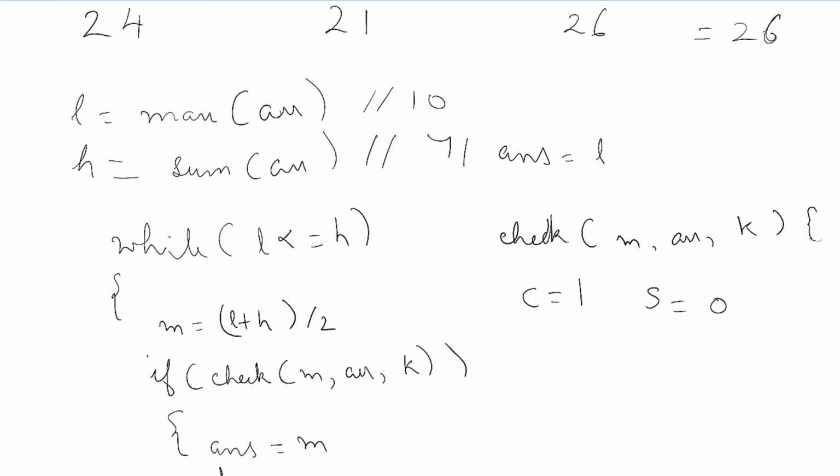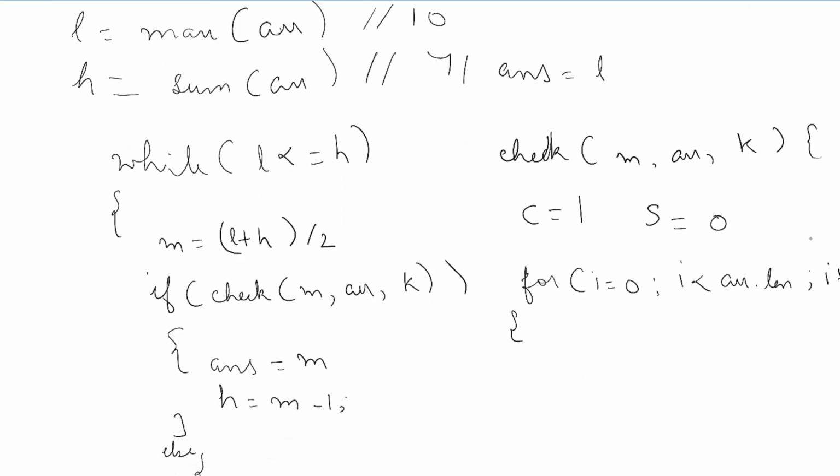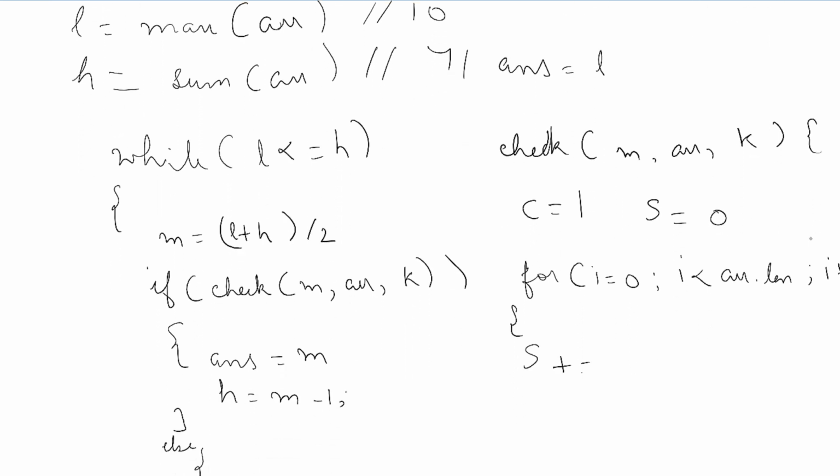Now for i equals 0, i less than arr.length, i++. Now we will add s plus equals arr of i. We are checking the time taken by worker 1.